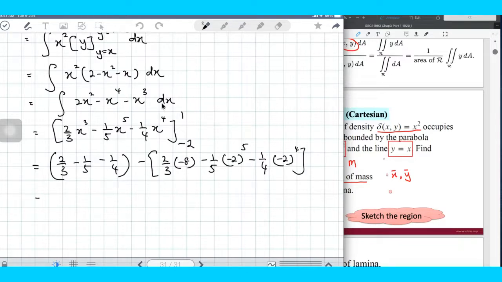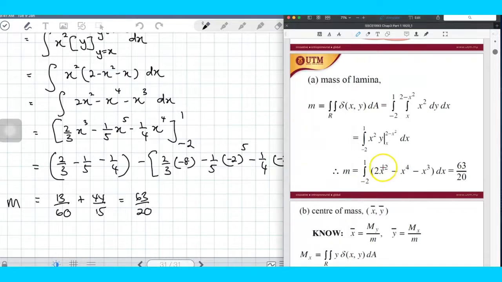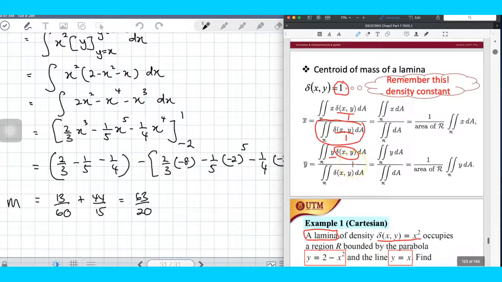Then you compute using the calculator. You have to be careful because there are lots of terms here. Then you will get 63 over 20. So this is the mass of the lamina, where we have already answered the first question.